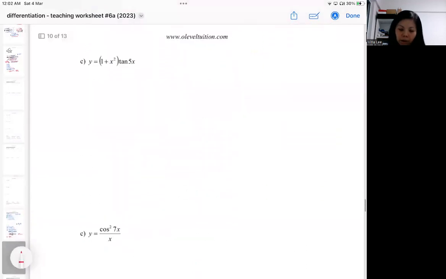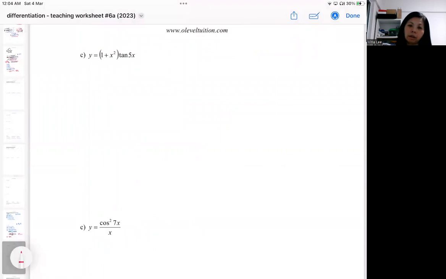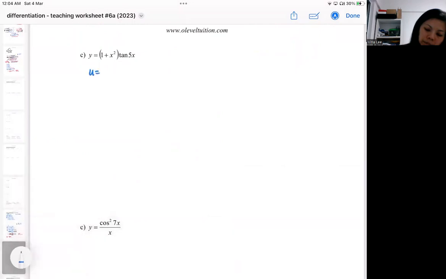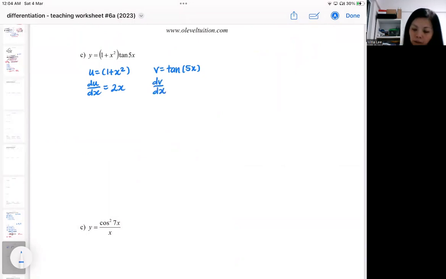So the subsequent one, okay, again, another product rule, another quotient rule. Okay, so set your u, set your v. So you've got to be very focused with your mini differentiation. So the first part is easy. Now, when it comes to differentiate tangent 5x, this is the one where the angle is not x.